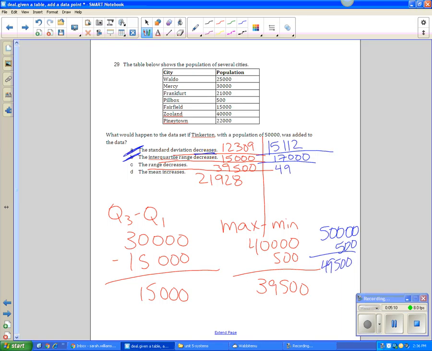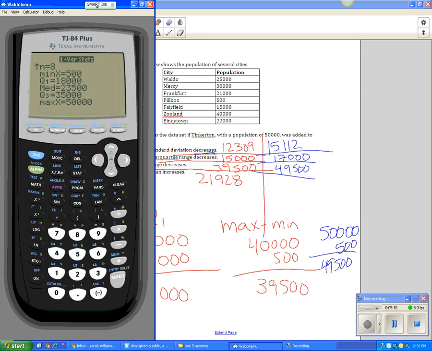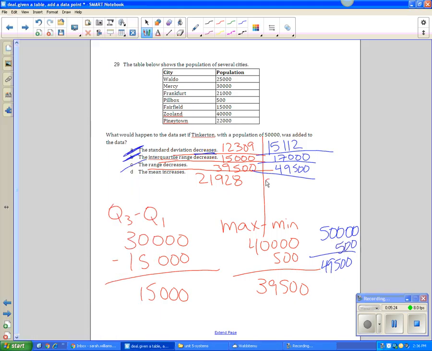So that did not decrease either. And D says the mean increases. Let's see what our new mean is. Remember, that's x with the bar up top. So the mean is 25,437. All right, so this says the mean increases, which means to go up, which it did. So your answer is D. Okay.